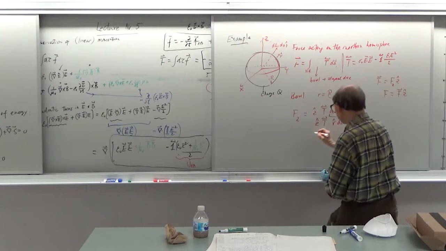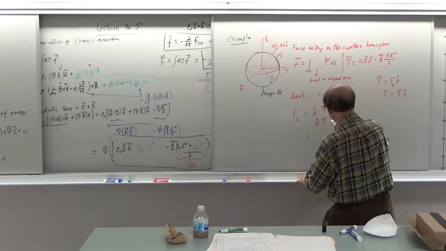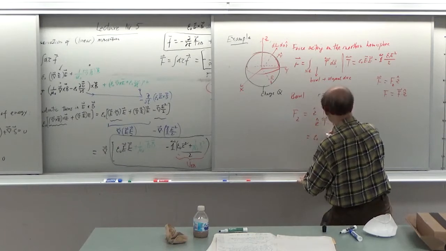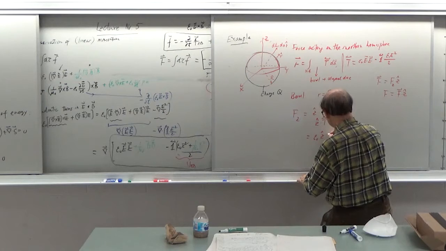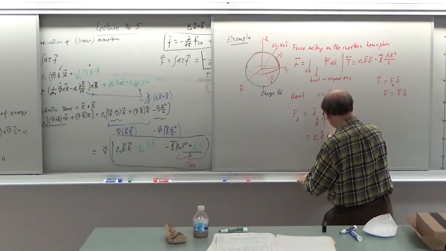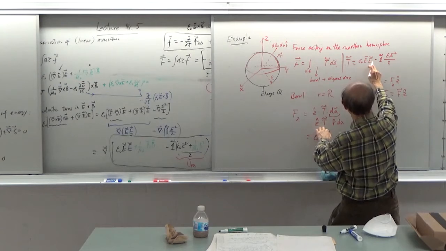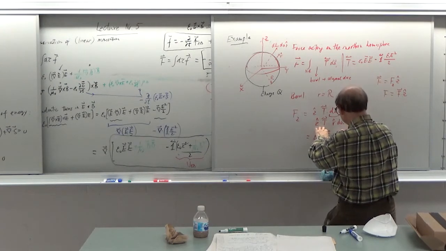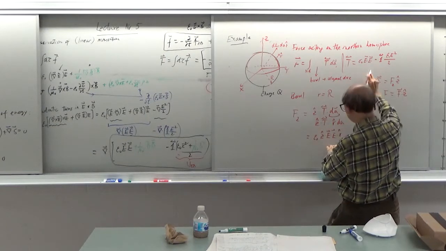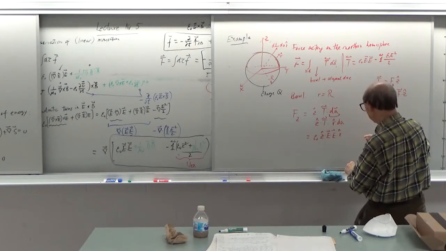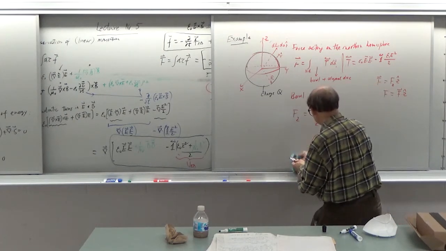Okay, so this is nothing but z, this term is epsilon naught, z dot E, and then this E dot r. Anything else? dA is outside.